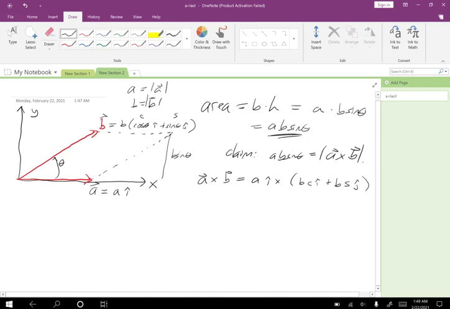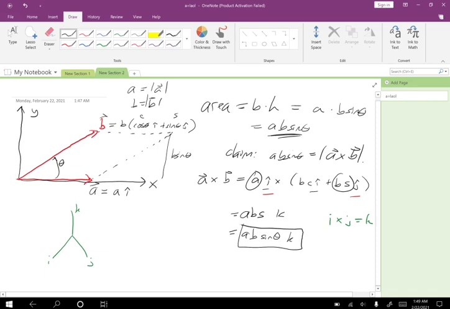Notice that i cross i is 0, and so all we need to do is i cross j. i cross j is k by the right-hand rule. So we just get a product of all these factors: A B s times k. But this is just AB sine theta.